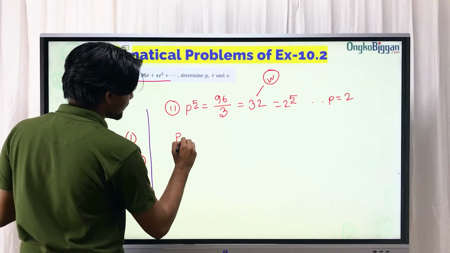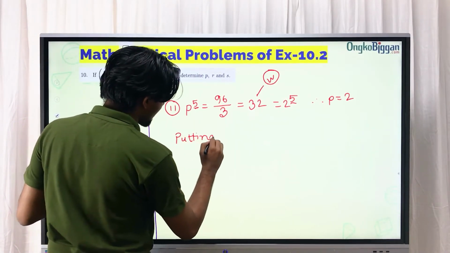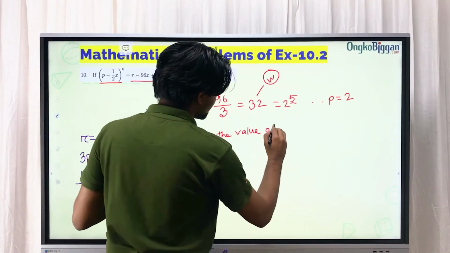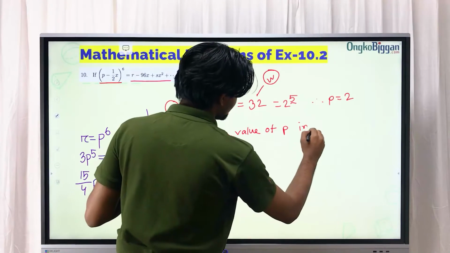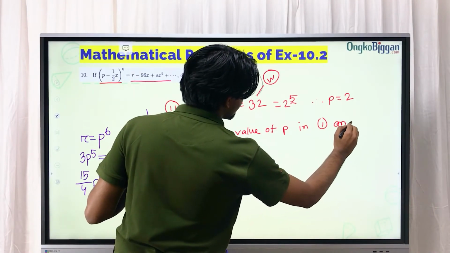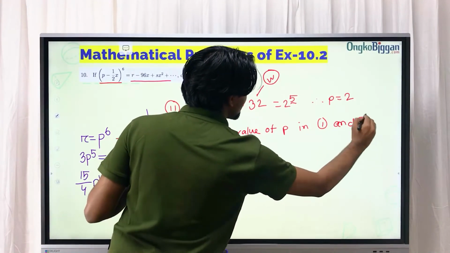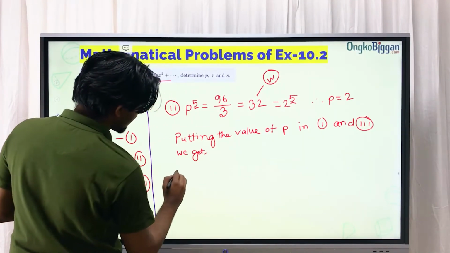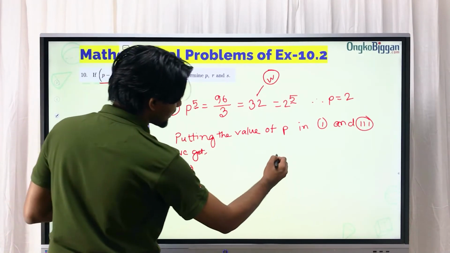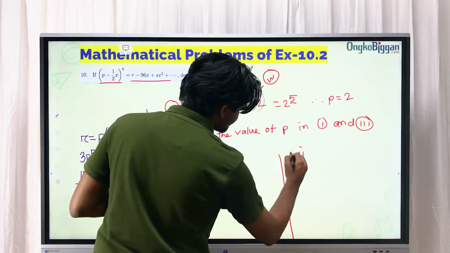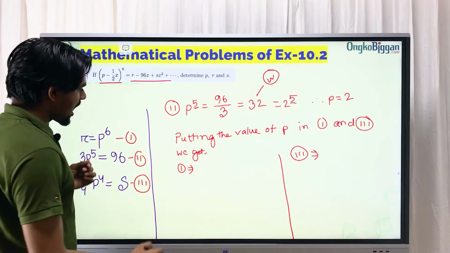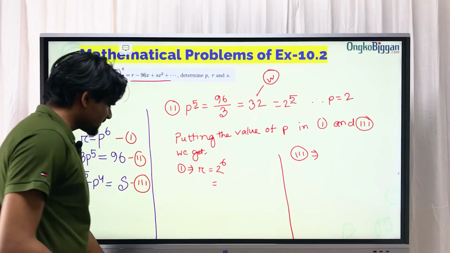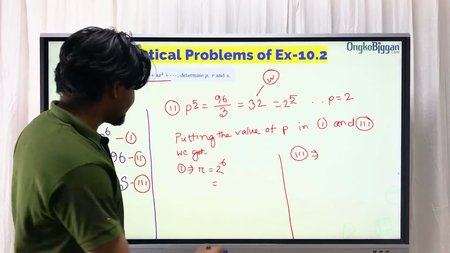So putting the value of p in 1 and 3, we get this is the 1 part and this will be the 3 part. R will be equal to 2 to the power of 6. So 2 to the power of 6 is 32 into 2, that is 64.